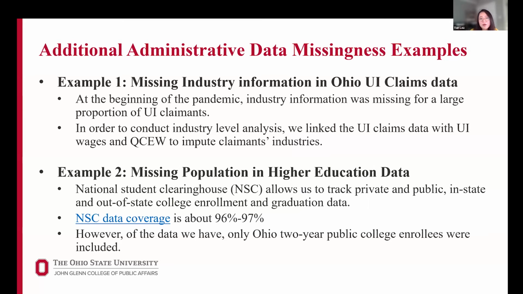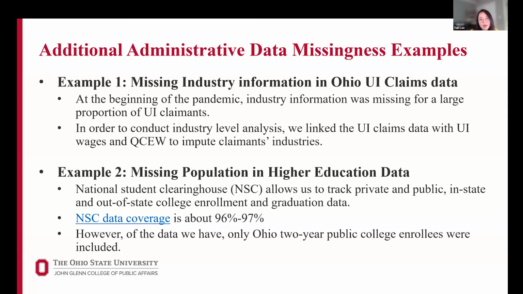However, at the beginning of the pandemic, the industry information was missing for a large proportion of UI claimants. This is because for this group of UI claimants, if they lost their jobs because of the pandemic, we didn't really document their separating employer or separating employer industry information.